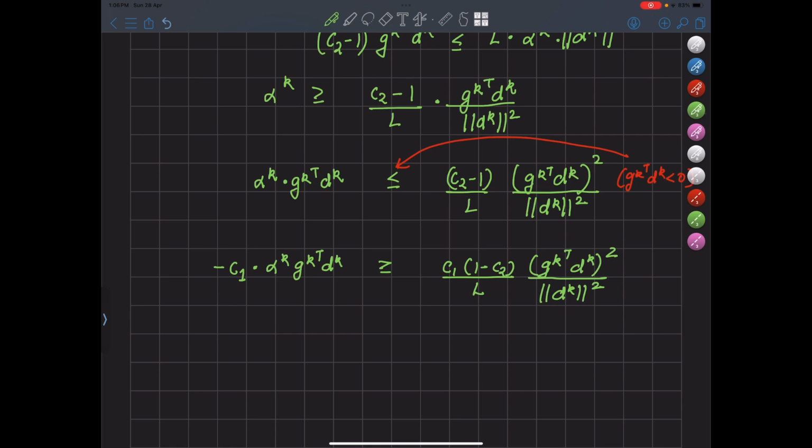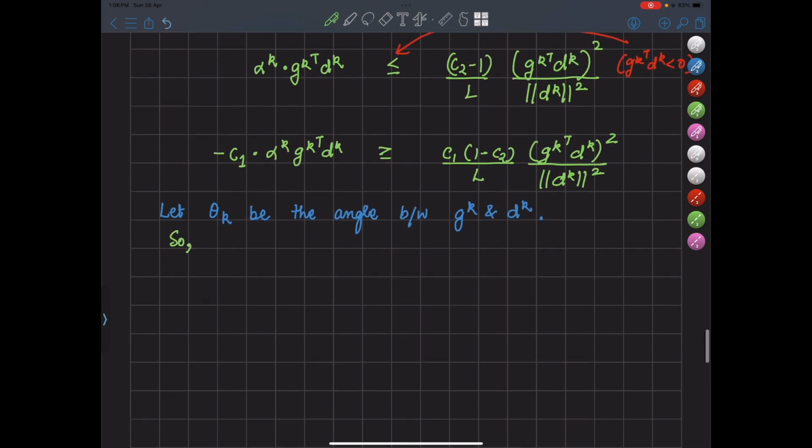Now let's assume, this is not really an assumption, we are just giving a name to some value, let theta_k be the angle between g_k and d_k. So how can we write this inequality again?